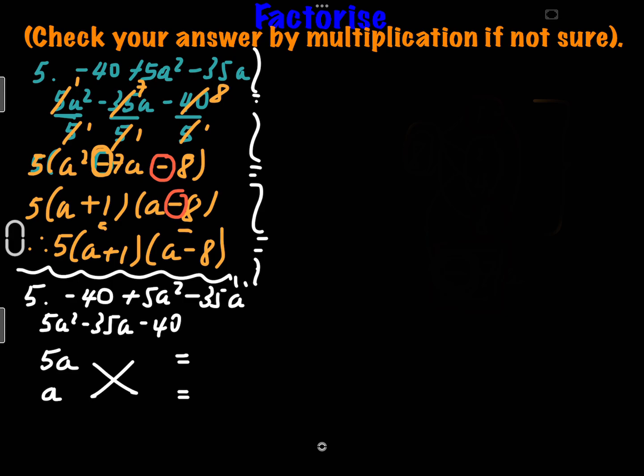So we have a multiplied by 5 gives us positive 5a. It's very important to consider the operations. So 5a multiplied by negative 8 gives us negative 40a.